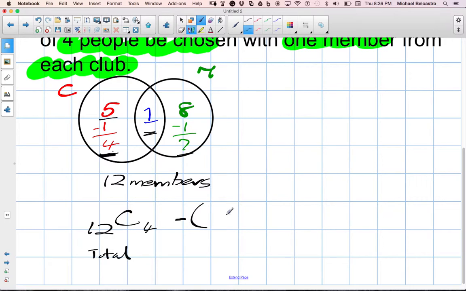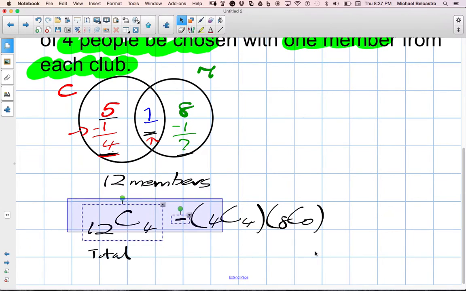So that's the situation where we choose 4 and get nobody from the other club, which is 8 choose 0. But the 8 choose 0 isn't really important because that's just going to be the number 1. We don't really need to include that calculation. We can just focus on the 4 choose 4. That's the situation that we don't want to happen because that makes all the members from the Camera Club. That's the only time we'd have all members from the Camera Club, and we wouldn't be counting that person who double counts, okay?